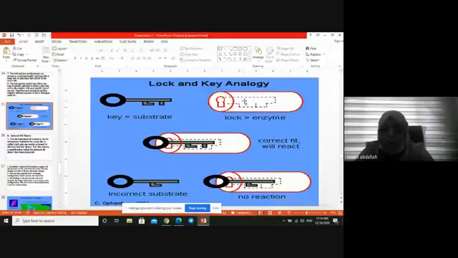In this figure, as we see, the white color of molecules is the active site.